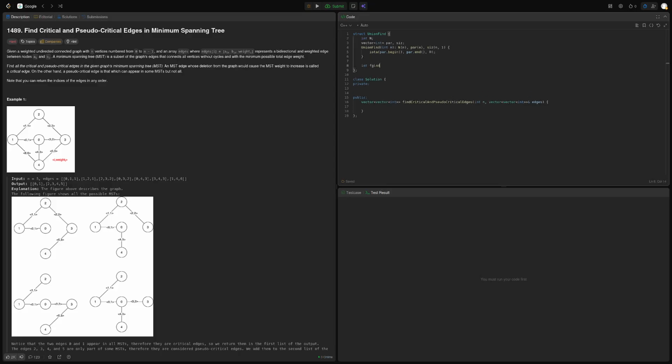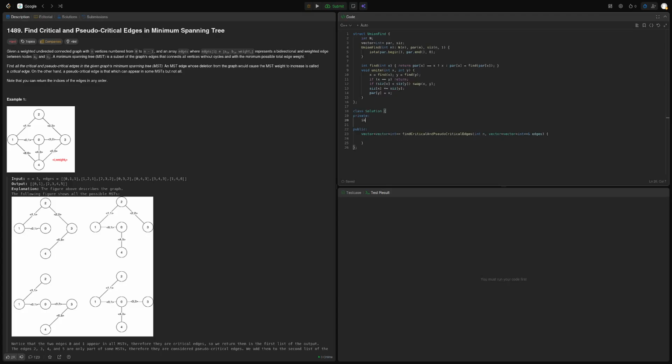Okay, and then find, void unite. And now if their sizes differ, we add the smaller component as a child of the larger component, and that's it.